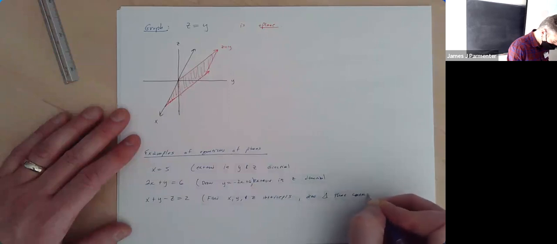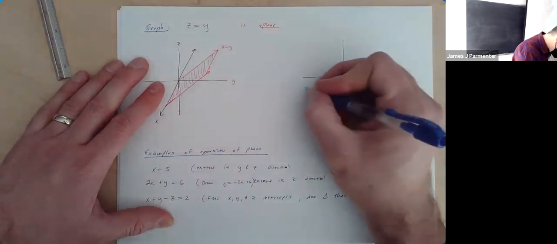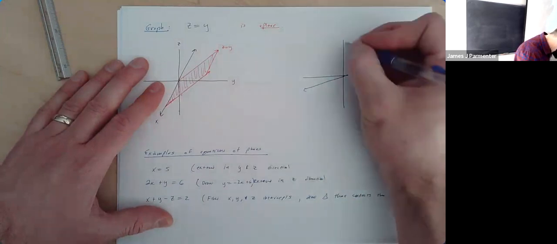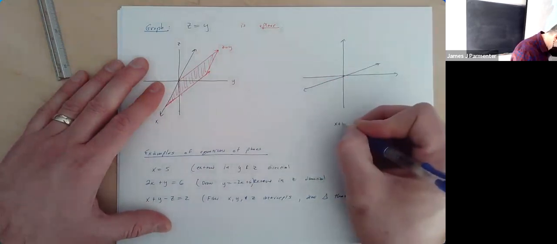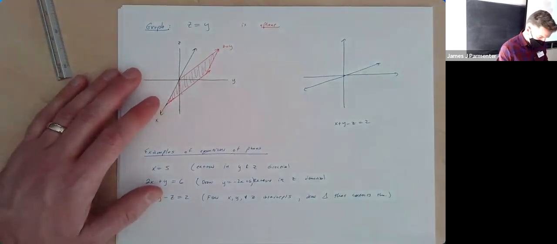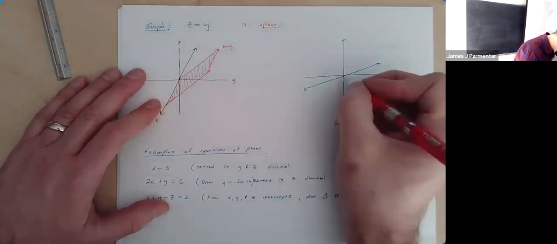I will draw that last one real quick because it is easy. We wanted to draw x plus y minus z equals 2. If y and z are 0, x is going to be 2.